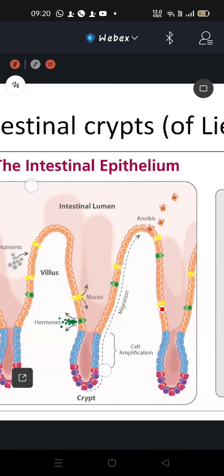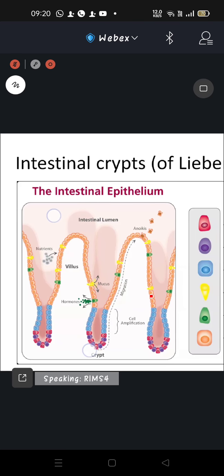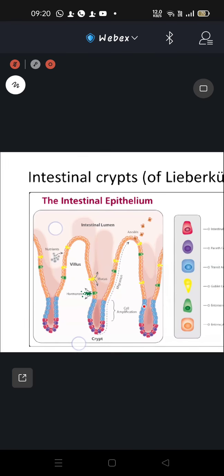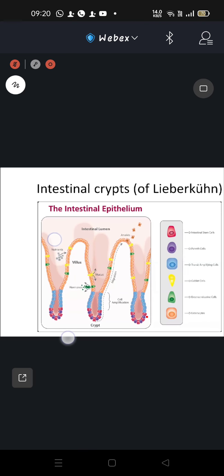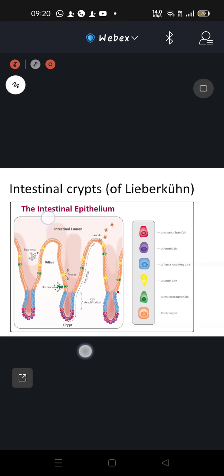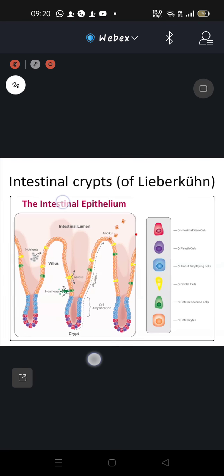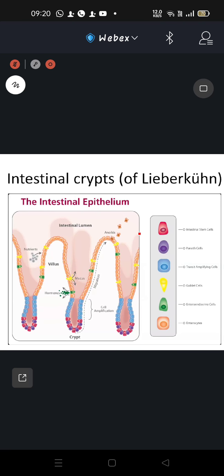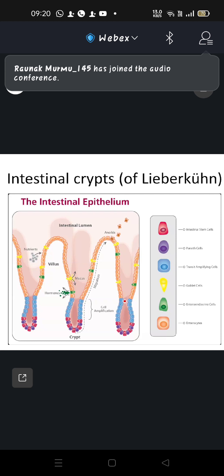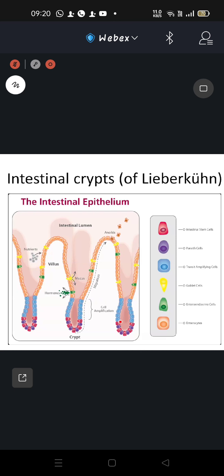Then there are these enteroendocrine cells, Paneth cells, and the progenitor or stem cells and their intermediaries. So these are the cells which are lying in or lining the intestinal crypt. And as we can see, this is the narrow portion between the intravillous space where these glands finally pour their secretion. So the intravillous space has the opening of these intestinal glands.